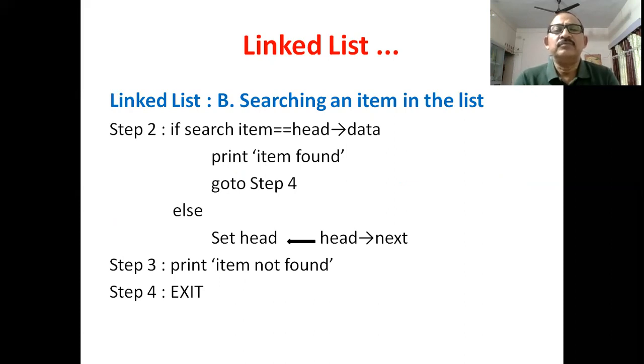If the item does not exist in a specific node, not the list, in a specific node, we set head is equal to head next. And we repeat this process until head becomes null or the item is found.